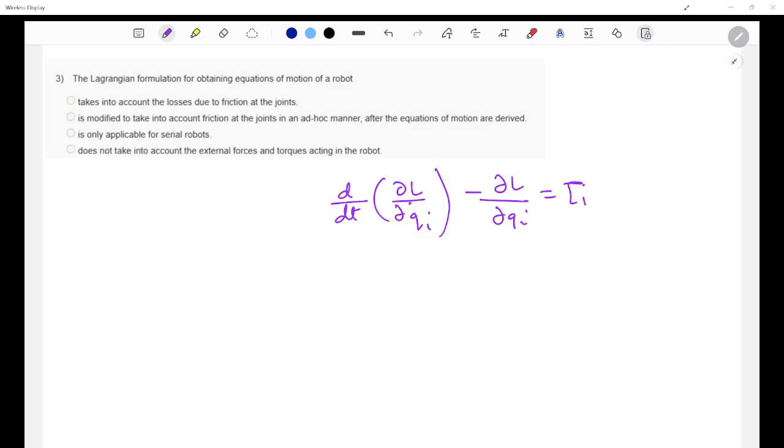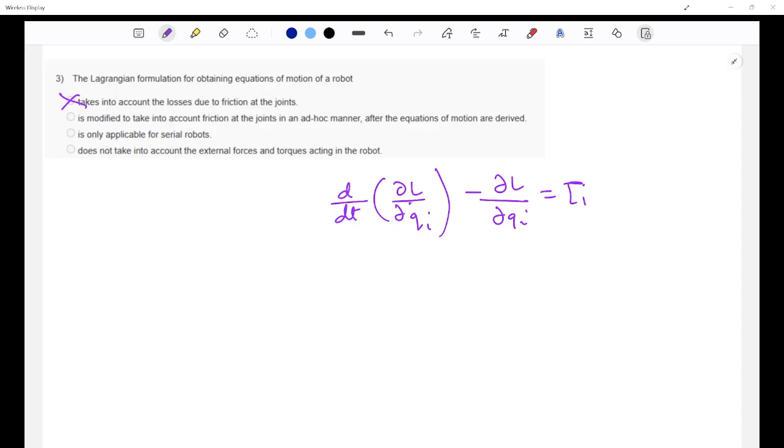Therefore, friction must be added manually afterward. So the first option is it takes into account the losses due to friction at all the joints. No, because standard Lagrangian formulation does not include friction. Friction is a non-conservative force. Since Lagrangian mechanics is based on energy conservation, friction cannot be directly derived from the Lagrangian. So this statement is false.